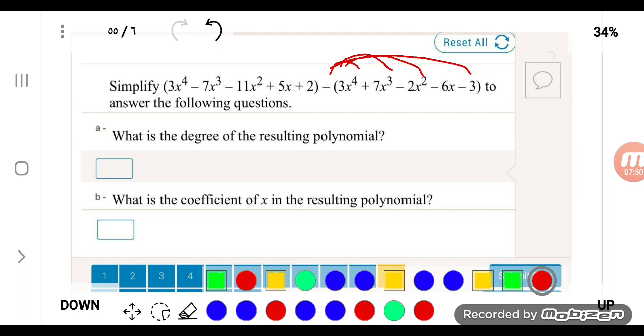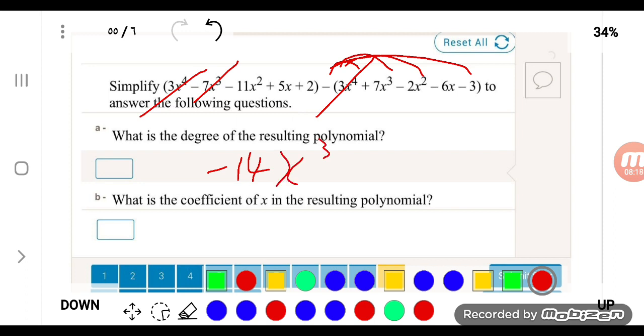So here you get 3x to the 4 minus 3x to the 4, this is cancelled. Minus 7x cubed minus 7x cubed, this will be here minus, because you distribute the minus sign. So minus 7x cubed minus 7x cubed, you get minus 14. So here you have minus 14x cubed.